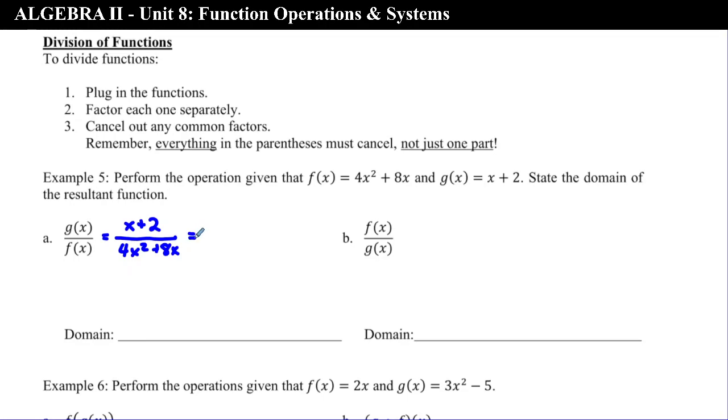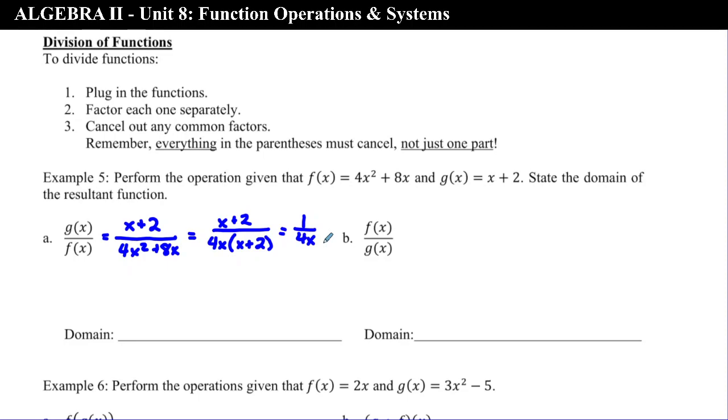Now we are going to factor the bottom. So that gives us 4x factors out, and then we have x plus 2. And so we're left with 1 over 4x.